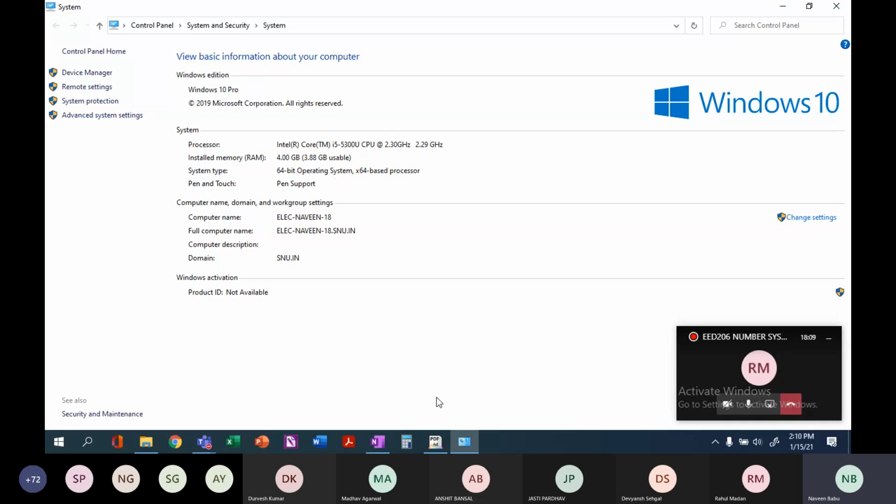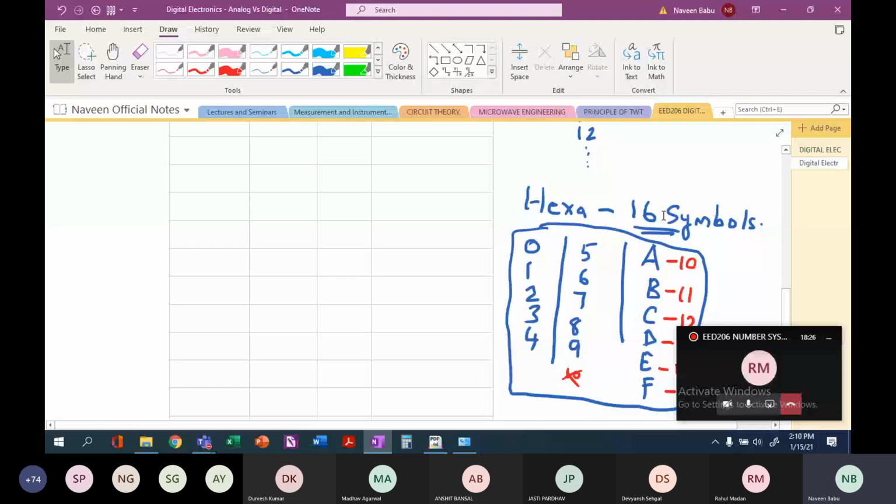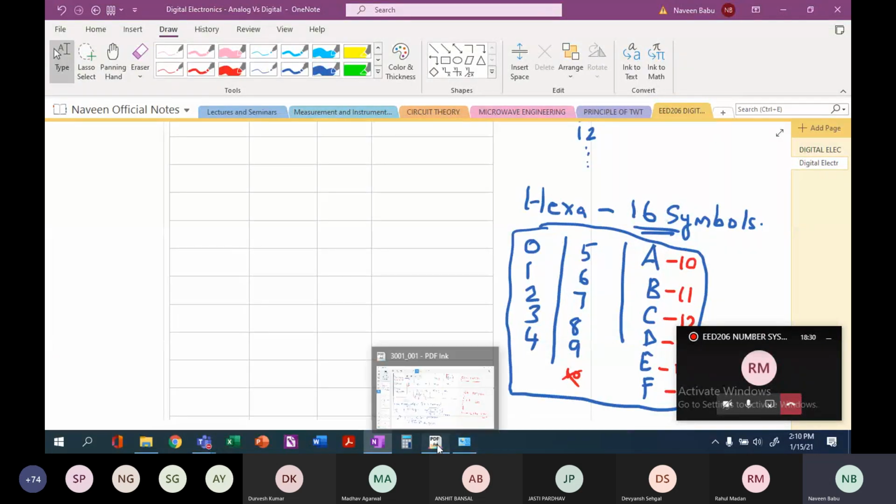Which means that as I move my mouse here, or if I am saving something, or editing something, I am processing in a 64-bit operating system. It means that anything that I do is represented in 64 bits. So that is the importance of the digits.